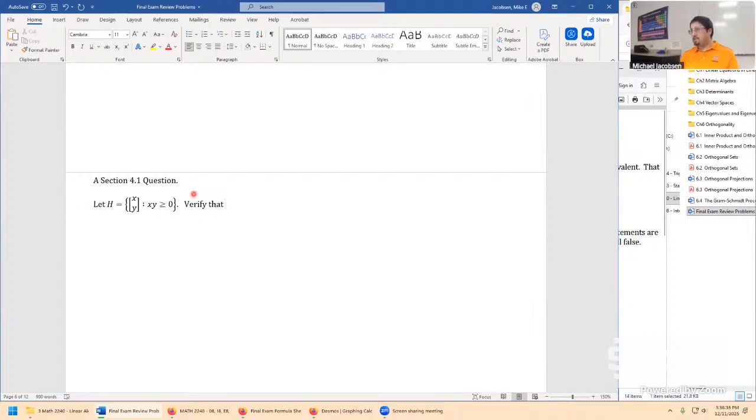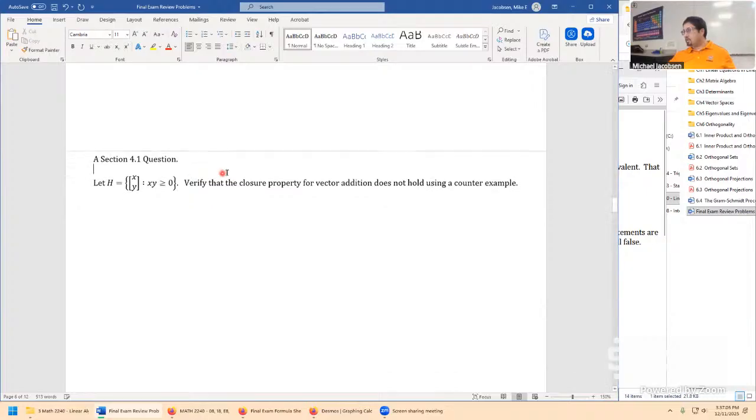Verify that we're going for a closure property. It can be either vector addition or scalar multiplication. Let's say this in a better way: verify that the closure property for vector addition does not hold using a counterexample.